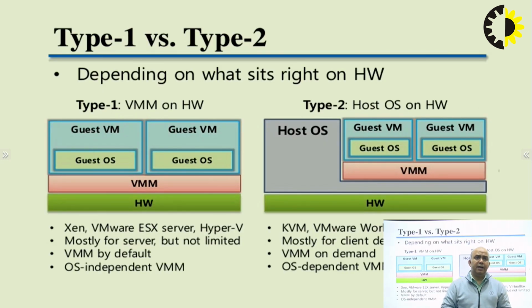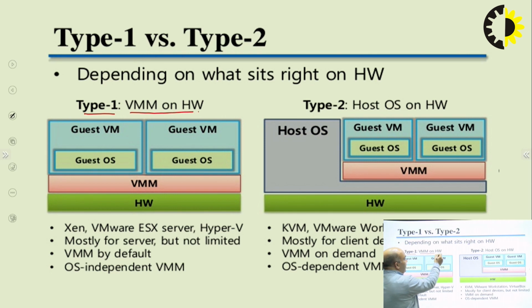This is the pictorial presentation. This is type 1, where the layer is called the VMM on the hardware. This is the actual hardware machine, where we install a layer of virtual machine monitor, and on that VMM we install virtual machines.